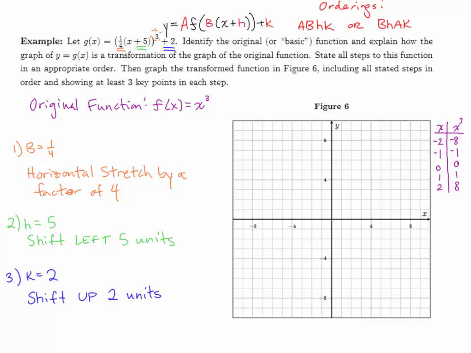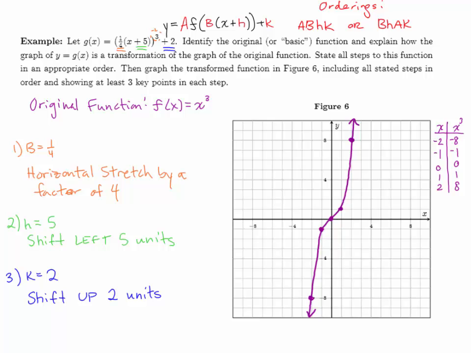So I'll plot each of those points. I'll go to -2, -8, and -1, -1, 0, 0, 1, 1, and 2, 8. And so this function is going to curve. It'll flatten as I get towards the origin and then curve back out.